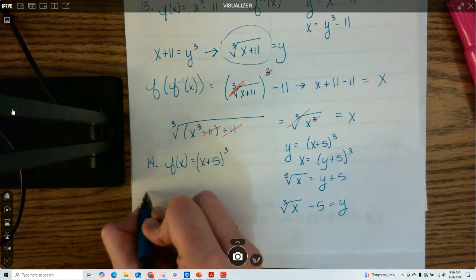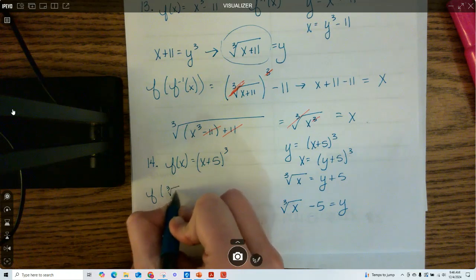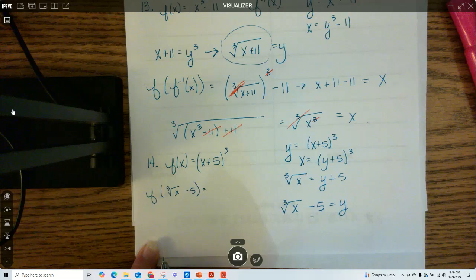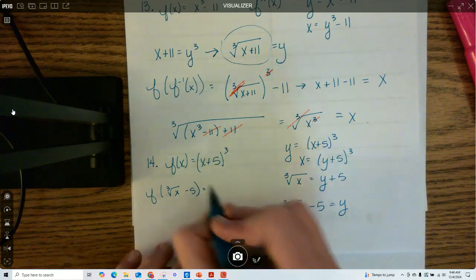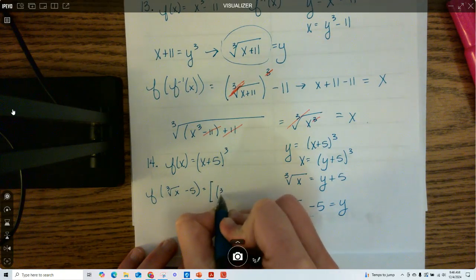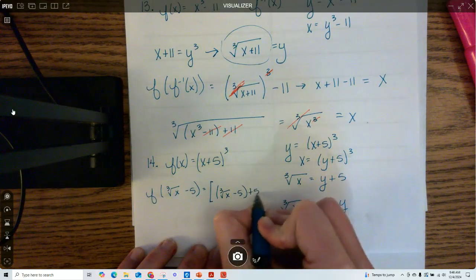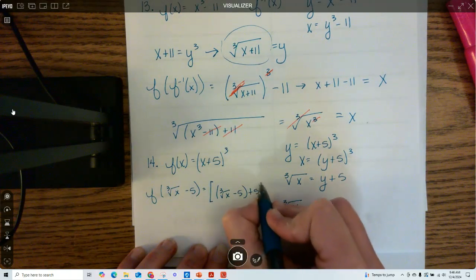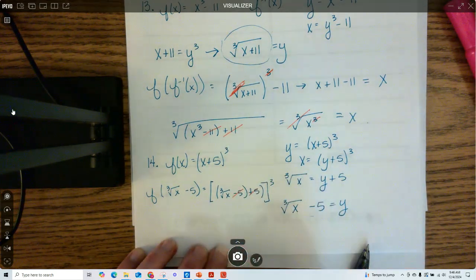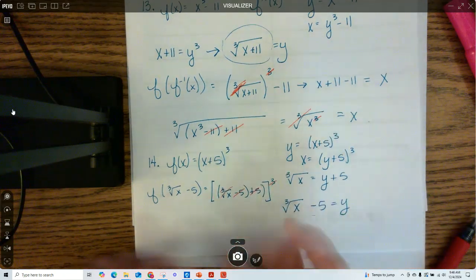If we test it, f of its inverse would be, I'm going to use brackets, the cube root of x minus 5, plus 5, and then cubed. This cancels this, and then the cube cancels that, so that one equals x.